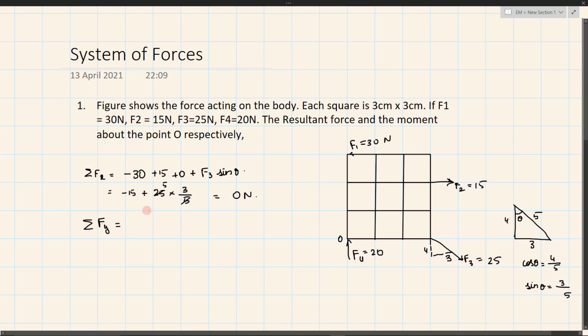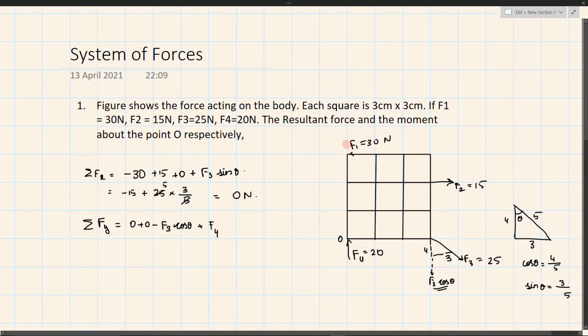For sigma Fy, the y component of F1 is 0, the y component of F2 is also 0, and the y component of F3 comes in this direction, that is F3 cos theta. This is in the negative y direction, so we have a negative sign: minus F3 cos theta plus F4, which is in the positive y direction.